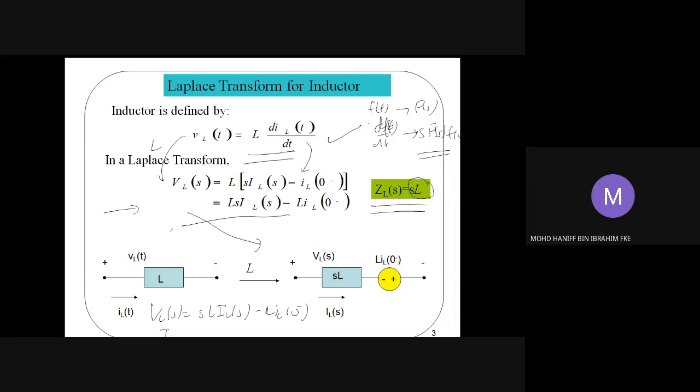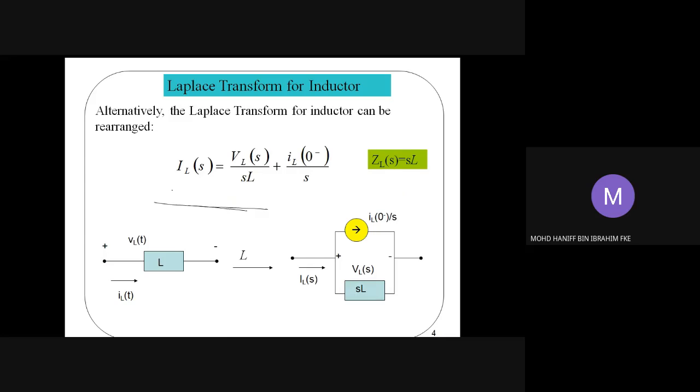In terms of the current, I_L(s) should be equal to 1 over sL of V_L(s) plus I_L(0-) divided by s. So we want to write the current of the inductor in terms of the voltage. This is the equation that has been shown in this third slide here.